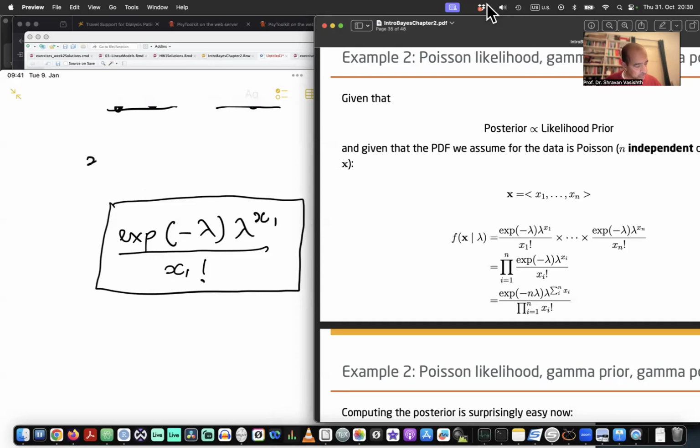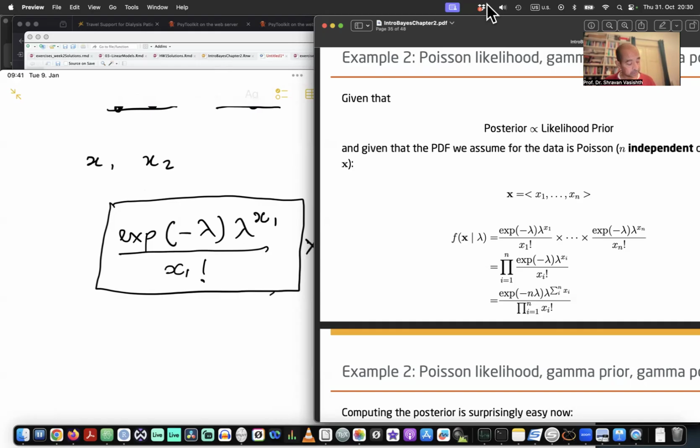Imagine that I had only two data points, x1 and x2. What would be the joint probability in this case, because this is a discrete distribution? What would be the joint probability of these two independent data points? It would be the product of these two.